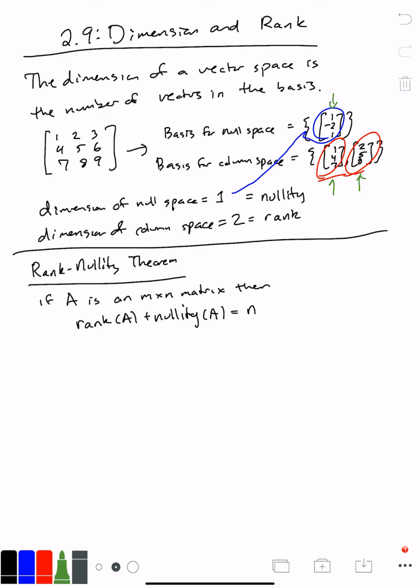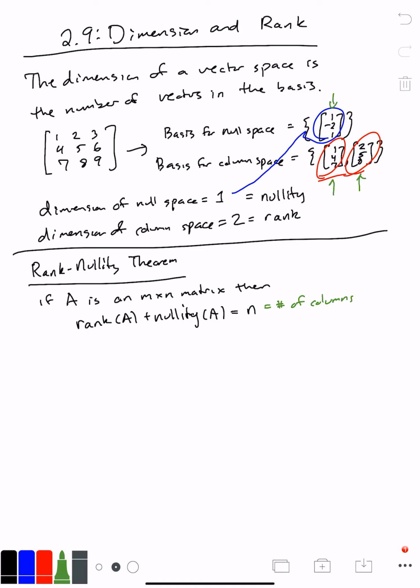So in general, if you think about taking all the pivot columns and all the columns that are free, that's just going to be all the columns, which is n. This is the number of columns. So it's actually very trivial to prove by just counting how many columns you have and saying each one's either a pivot column or a free variable column.